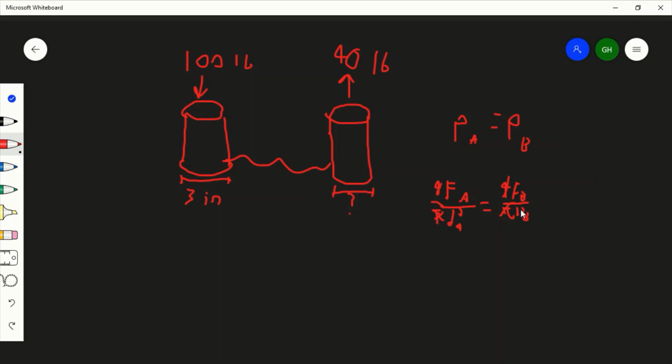And we can take what's left of that and find the diameter of piston B.